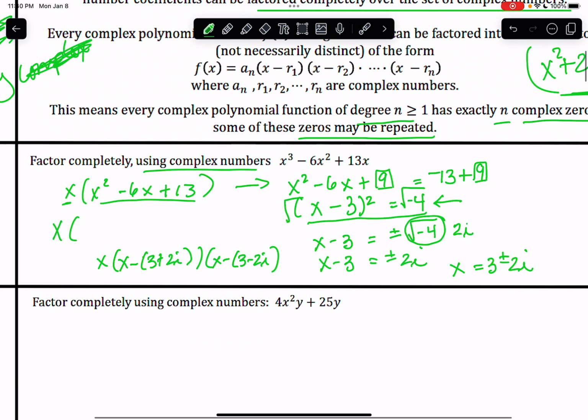And if you want to simplify that, that can come to x minus 3 minus 2i, and x minus 3 plus 2i. Okay, so there's factored completely, and it uses complex numbers.